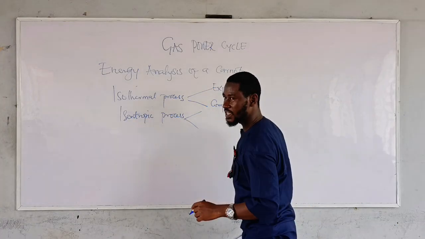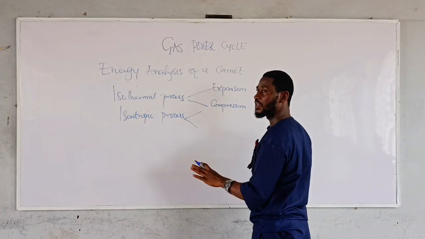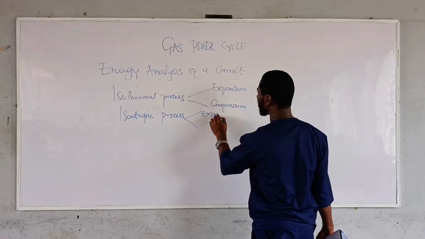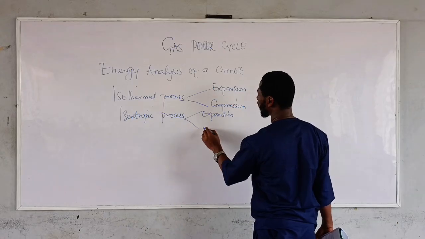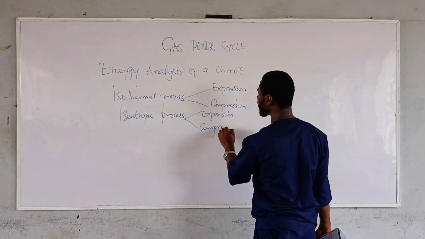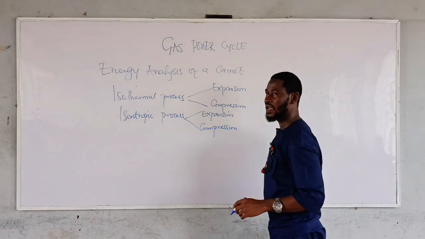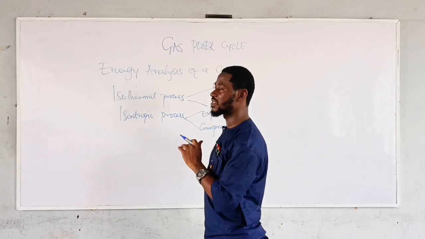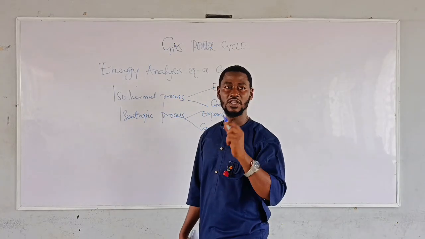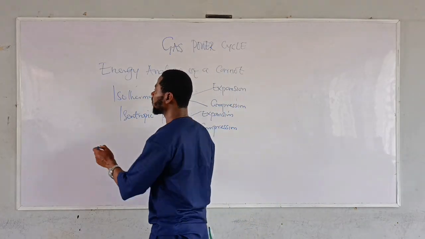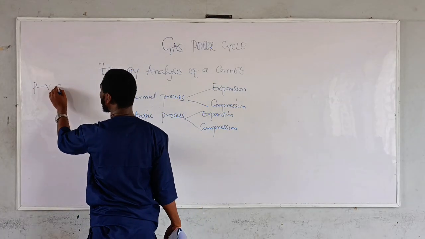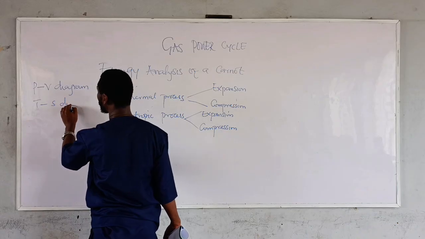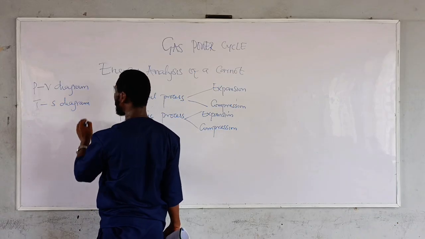The isentropic process is also divided into isentropic expansion and isentropic compression. Now we are going to consider two schematic diagrams in explaining these processes: the PV diagram and the TS diagram of the Carnot cycle.